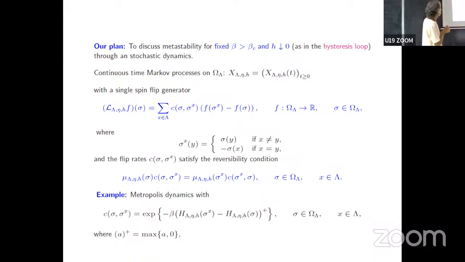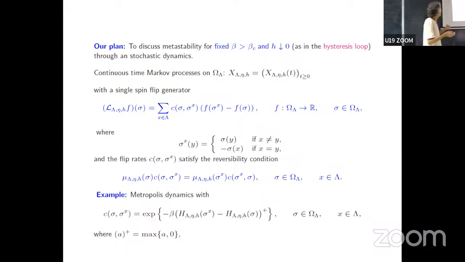So we invent, just take an evolution that keeps the Gibbs measures of this easy model as invariant. So this is a simple one. You have many of them. So what is this dynamics? It's just something where you give the rate at which you flip a spin at x, depending on the whole configuration.